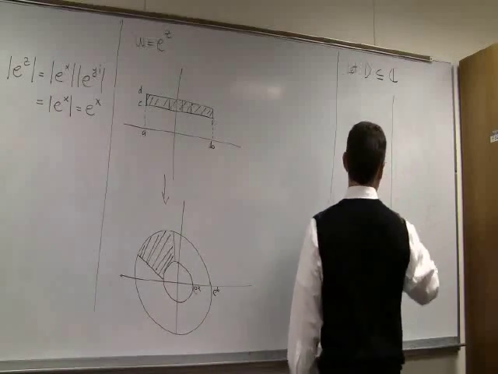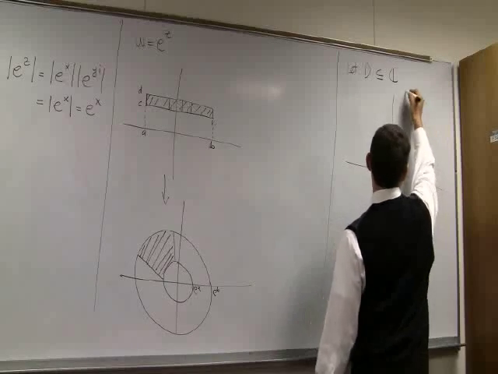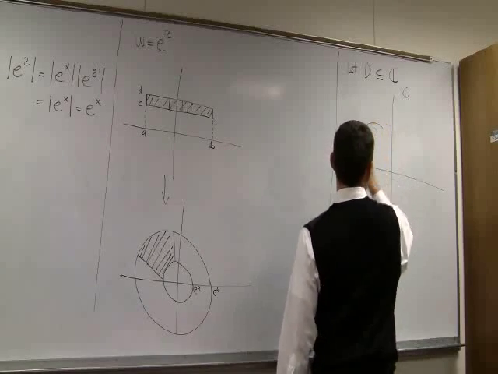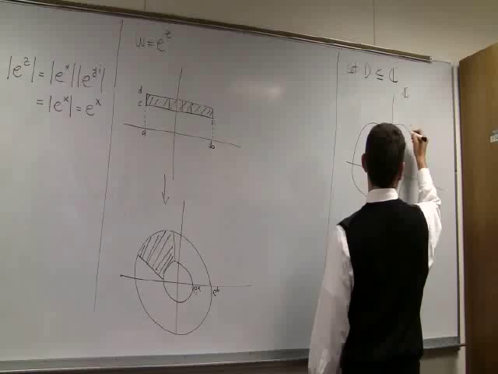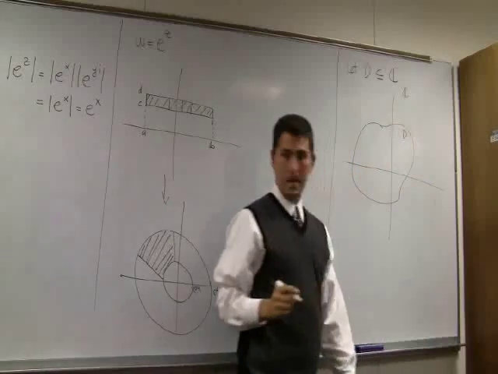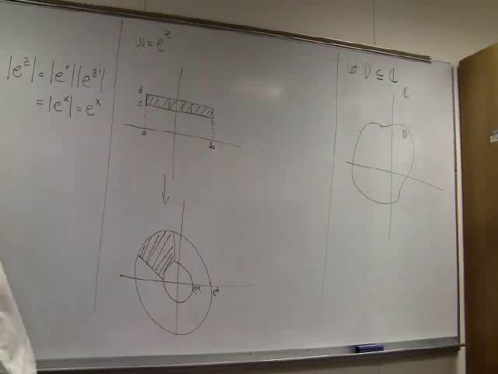Okay, so we better have a picture at all times. So there's my complex plane. Okay, and here's D. Some subset, no problem, right? It's just some collection of points.